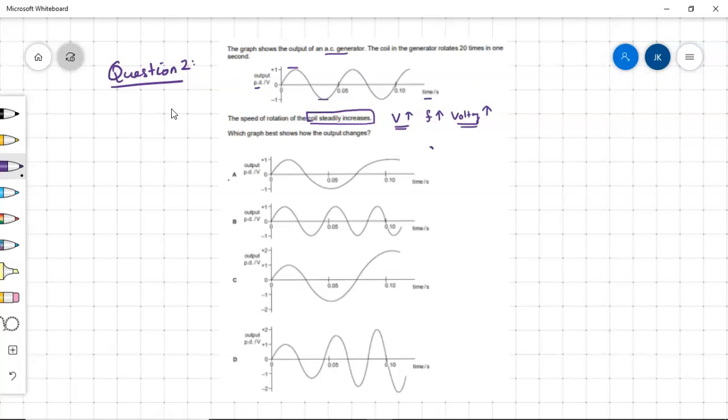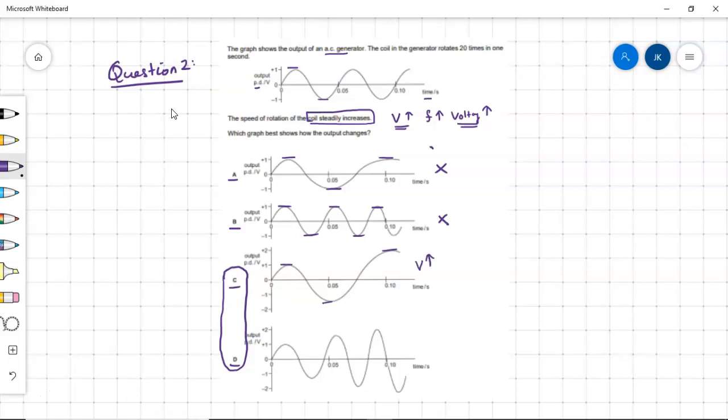So if you see options A and B, the voltage doesn't change. Voltage is the same. So these two options are wrong. Here are the other possible options, C and D, and we have to select the right one. If you see here, the voltage increases as we increase the speed.